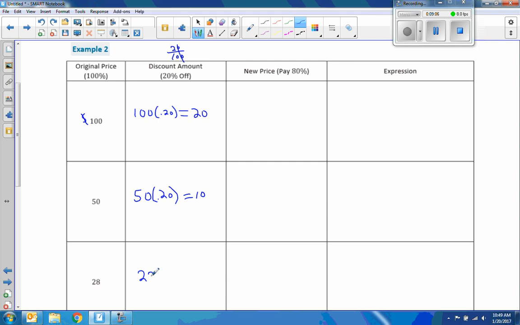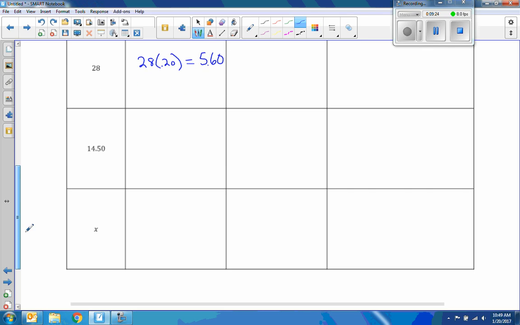28 times 0.20 is 28 times 2, 56. And then you move the decimal one place, $5.60 in this case. Continuing down, $14.50 times 0.20.